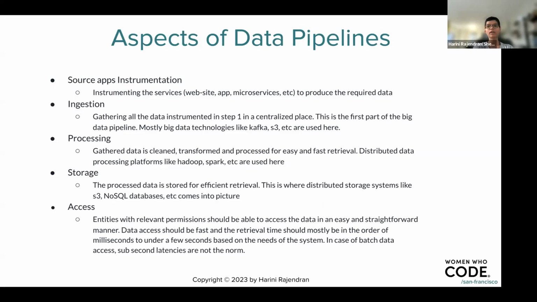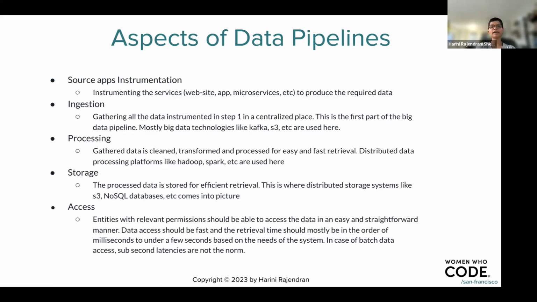It depends on how sensitive your data is. Let's say you're working with some health related data or some finance related data, then you should make sure that only certain teams or certain people in your company have access to the data, whereas there could be some less critical data which can be opened up to the whole organization.